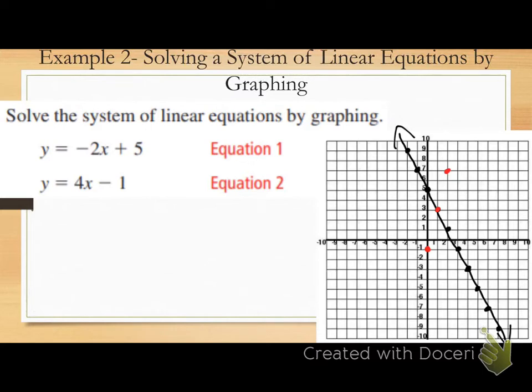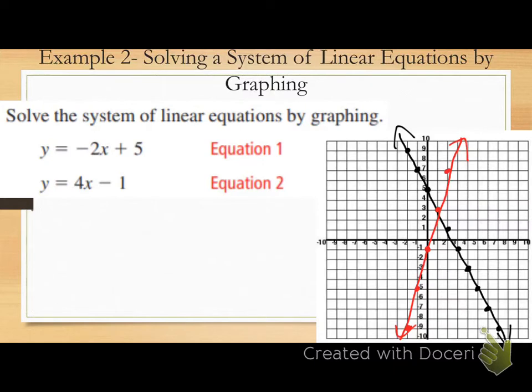Down 4, left 1. Connect my points. There's my graph of equation 2. Sorry, it's not that straight. Try to make your lines straighter than that. Any questions on how we're graphing?